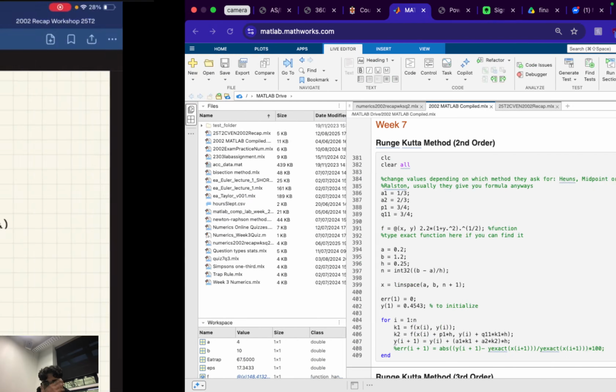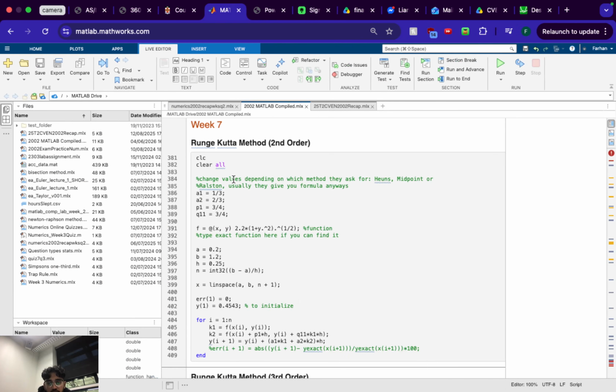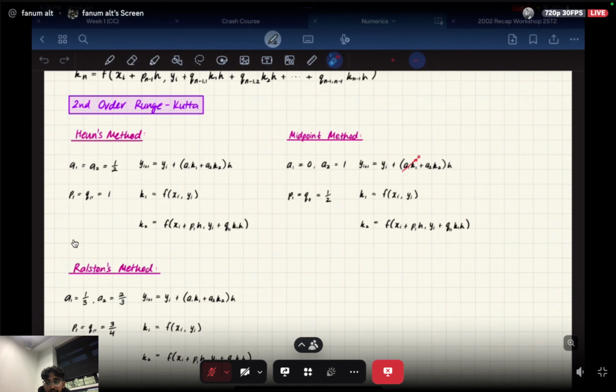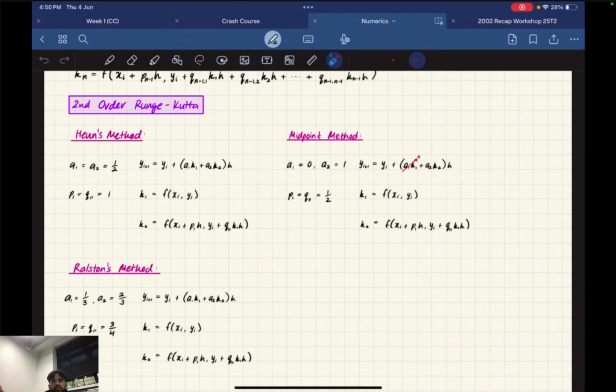Based on which method you have, you're going to have to change your values. So this A1, A2, P1, Q11 actually changes. For Heun's method, A1 and A2 are equal to half. Midpoint method, A1 is equal to 0, A2 is equal to 1. For Ralston's method, A1 is 1/3, A2 is 2/3. So depending on which method you have, you're going to have to change your code just a little bit.